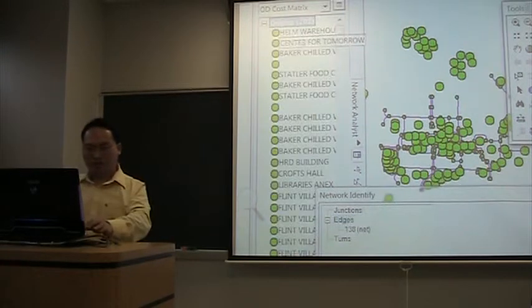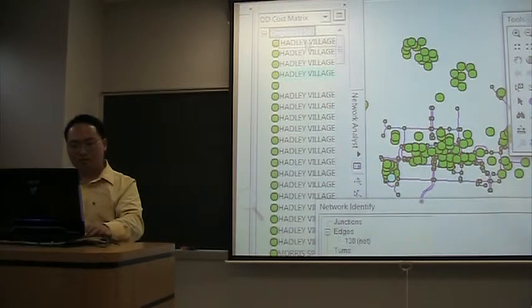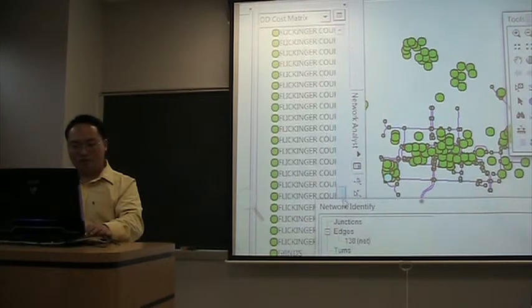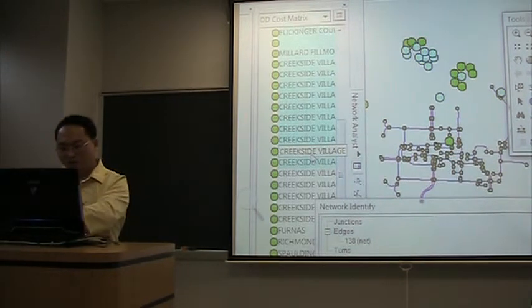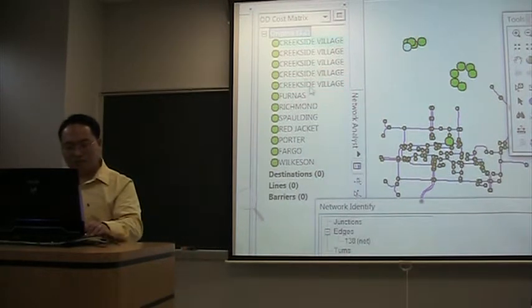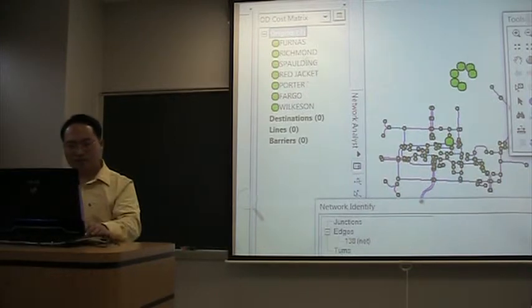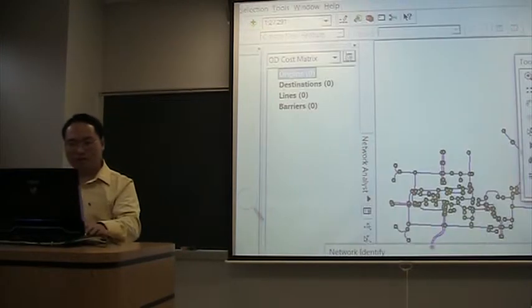Okay, so these are the points I want to set as origins. Maybe they are too much and too many. Let me remove some of them. Too many. It's not good. See again.